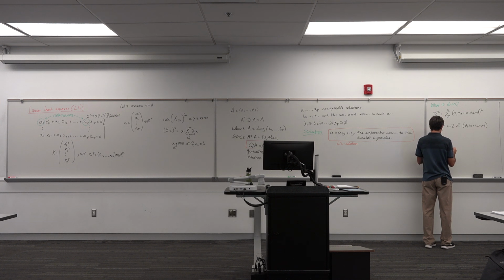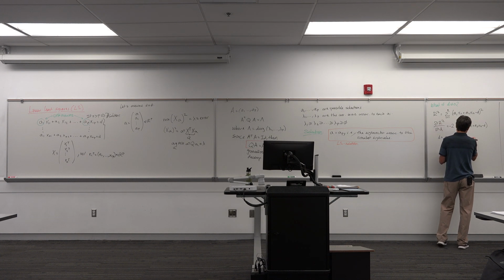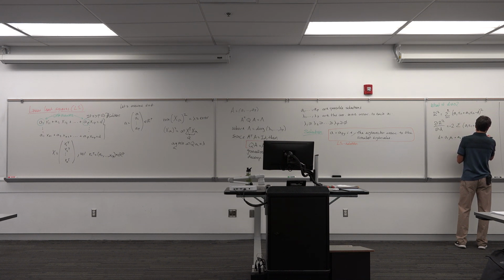From here, I can write d is equal to A1 times mu1 plus A2 times mu2, where mu j is equal to 1 over n, the sum from i equals 1 to n of xij.